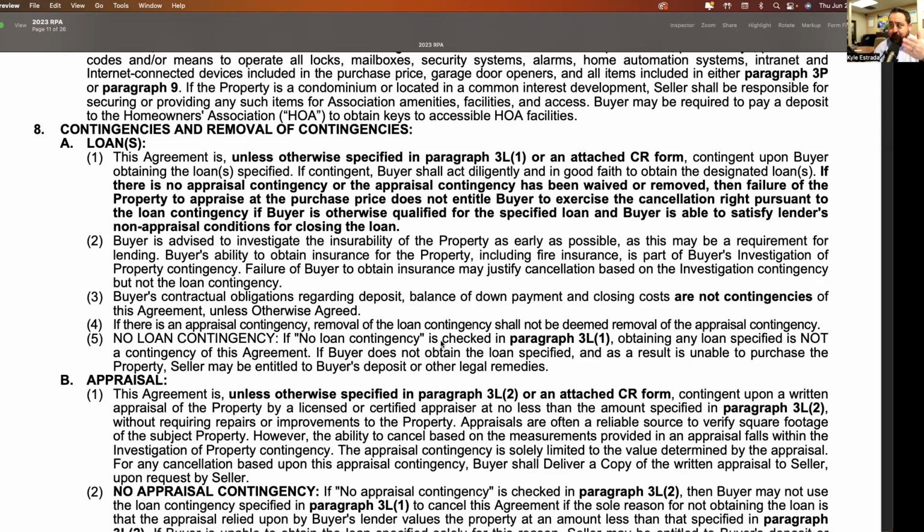So keep in mind, if you wait until after you've removed your investigation contingency, because generally the fire insurance gets attached to your lender and getting the loan qualified, and you can't get insured after you've already removed your investigations and inspection contingency, you may not be able to cancel if you can't get insurance.